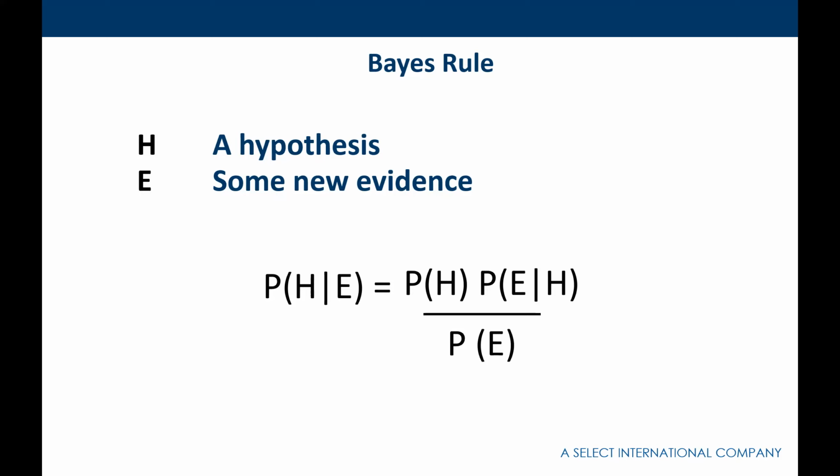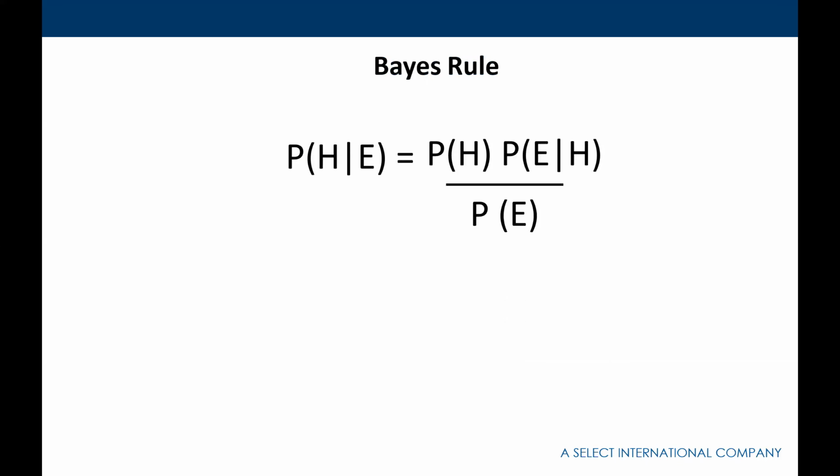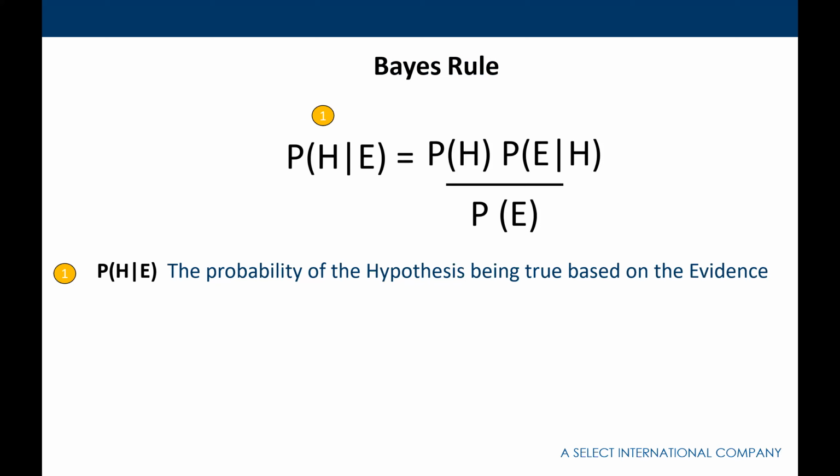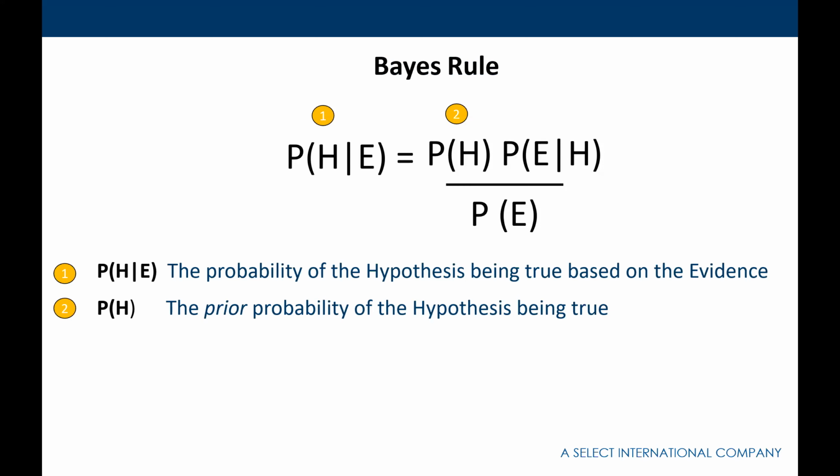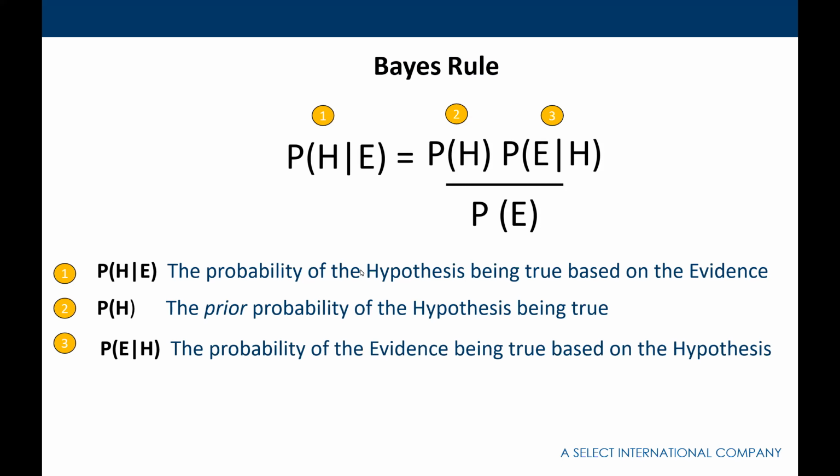So therefore, we need to have a little example. In many ways, this little example is just a worked example where we're going to take that apart. The probability of the hypothesis being true given the evidence is the thing we're trying to calculate, and it's based on the prior probability of the hypothesis being true. That's our prior probability. This is when we say 0.5, we think this coin is 0.5. And then we're going to flip the coin 100 times, for example, and I'm going to see it comes up 60 times heads and 40 times tails.